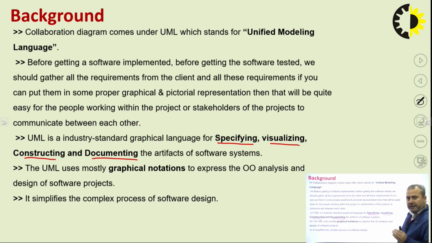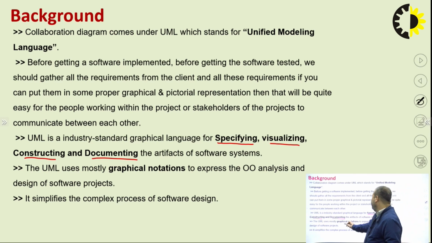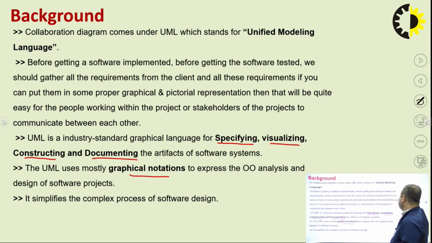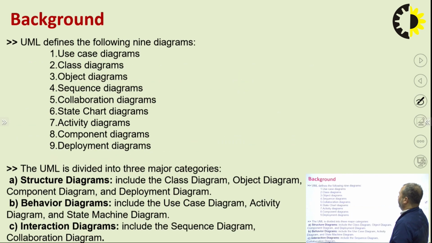UML uses graphical notation to express the object oriented analysis and design of software projects. It simplifies the complex process of software design.